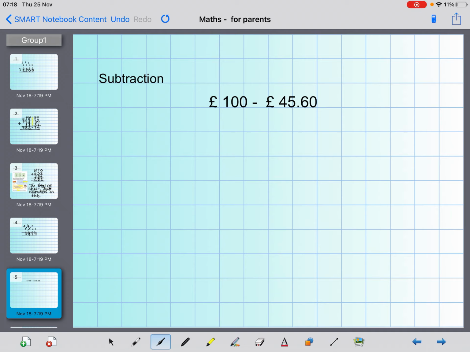So again, our place value column grid comes into effect here. We put down our hundreds, our tens, our ones, decimal point, tenths, hundredths. Looking at our 100, it's important that we put our digits in the correct places. 100 has 1 hundred in it.